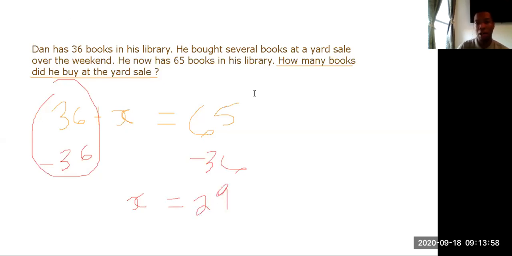And with this question, is it one solution, no solution, or infinitely many solutions? I want you to put it in the chat, and then I'll see it and let me know. Is this one solution, no solution, or infinitely many solutions?